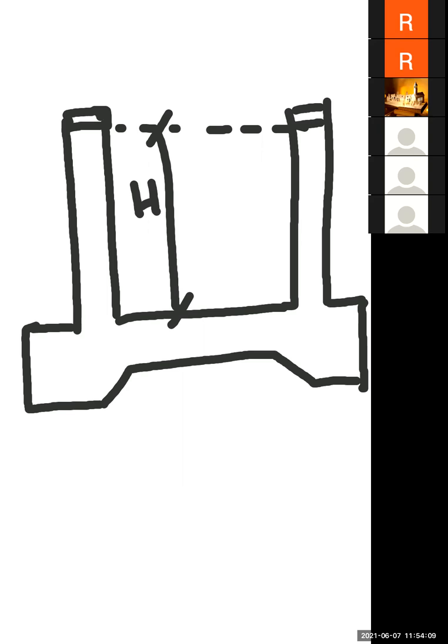And this is the diameter of the circular water tank.